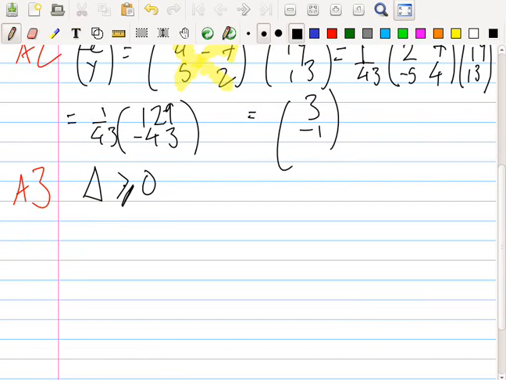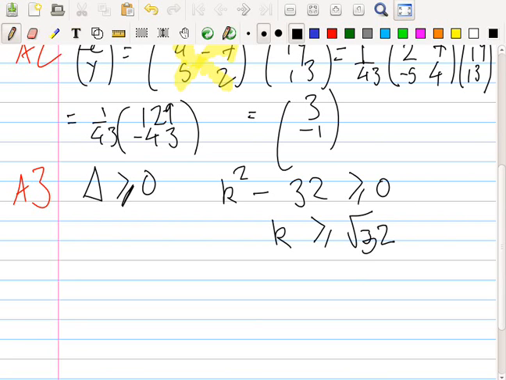So I need delta to be greater than or equal to 0. You remember delta? It's b squared minus 4ac, which is 32. So that means k needs to be greater than or equal to root 32, and k needs to be smaller than or equal to minus root 32, are the two answers here.